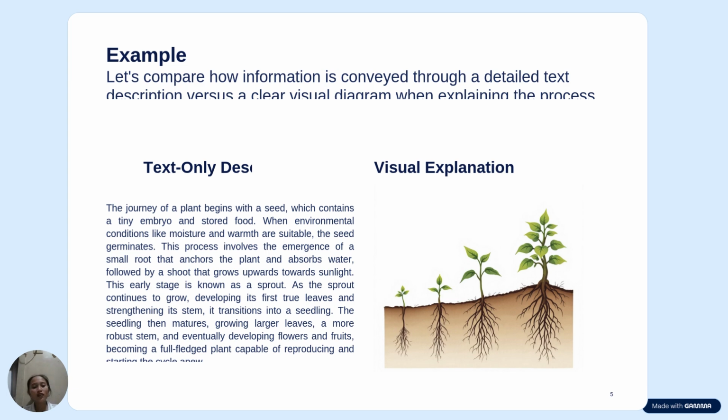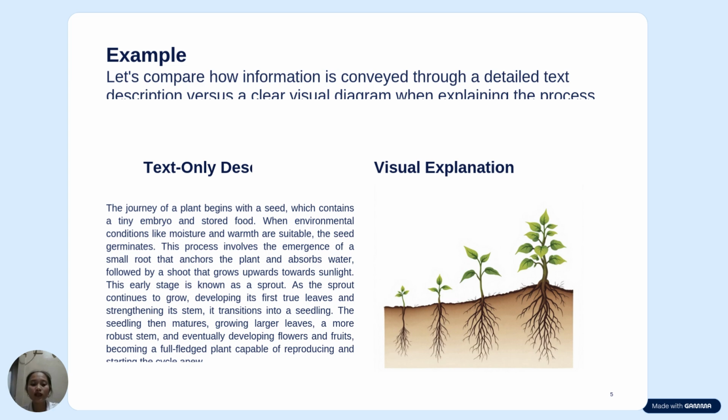Okay, so I have here two types of example: the text-only description and the visual explanation diagram. Let's compare how information is conveyed through a detailed text description versus a clear diagram when explaining the process of plant growth. On one side we have the text-only description about the growth of the plant, while the other side is the visual explanation, the diagram itself.